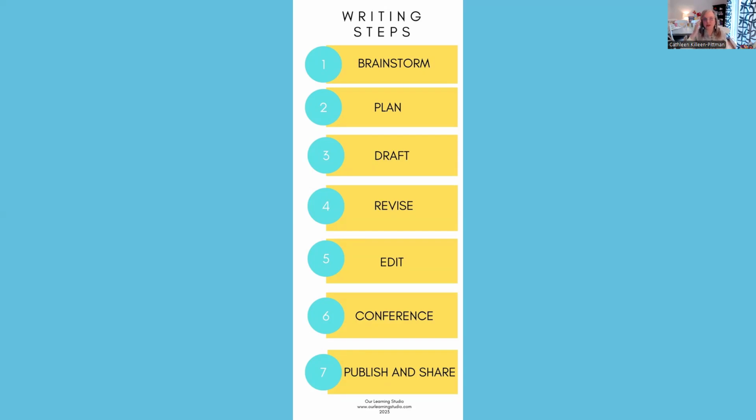With my older students, upper elementary and above, they tend to revise and edit before they come to a formal conference. Remember, revising is what we do to make our writing sound better. It might be adding more details, rearranging paragraphs, eliminating information. And editing would be the mechanics, going through looking at grammar, punctuation, sentence structure.